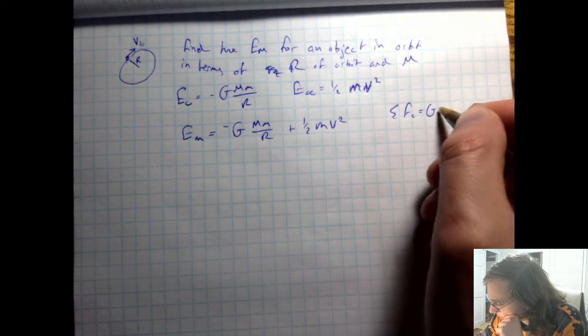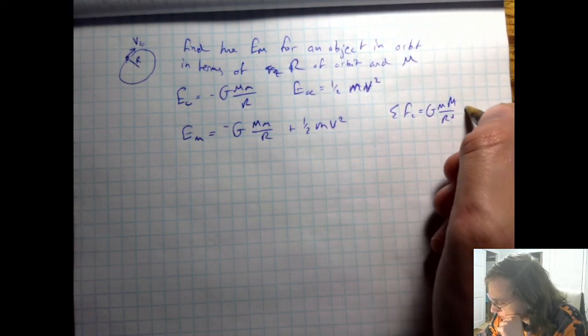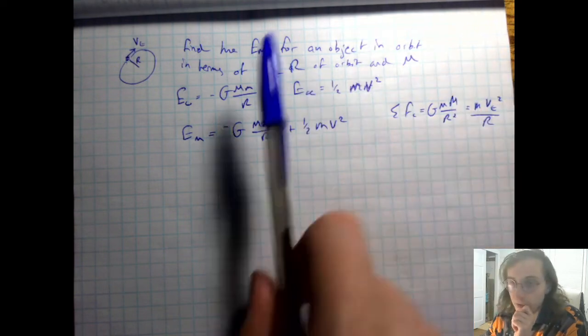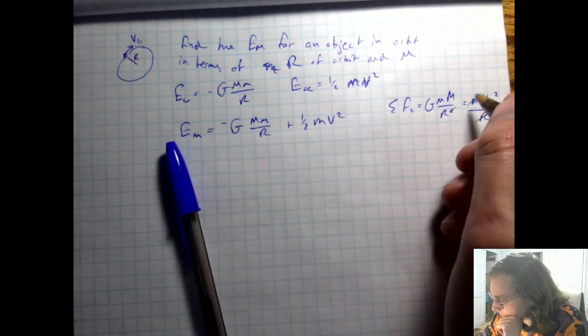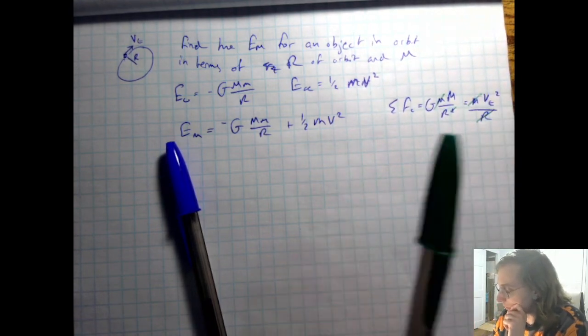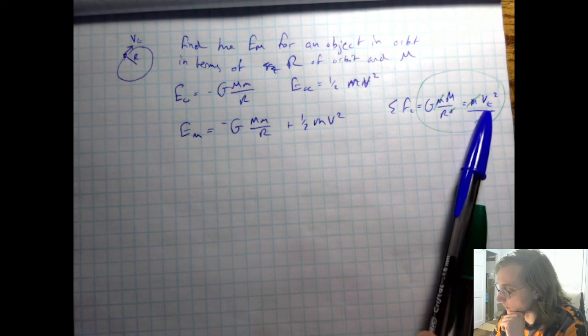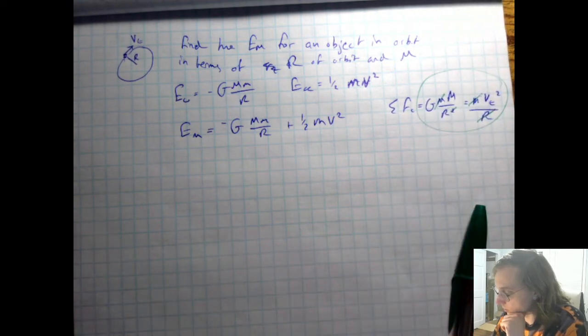So G M, capital M, over R squared is going to need to equal mass times our tangential velocity squared divided by our radius. Those two r's are going to drop, the lowercase m's are going to drop, and we'll get an equivalency of Vt squared with our centripetal force.